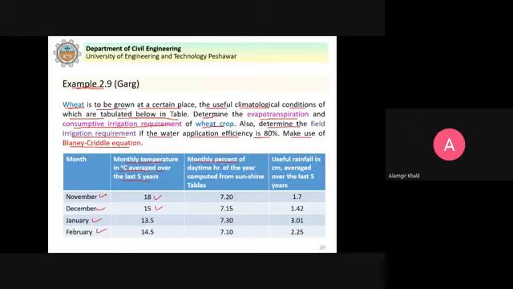So, monthly percentage of daytime hours of the year computed from sunshine tables, which I already showed you. And we have the useful rainfall in centimeters, averaged over the last 5 years. For these months, the useful rainfall, that is the effective rainfall, is also given.